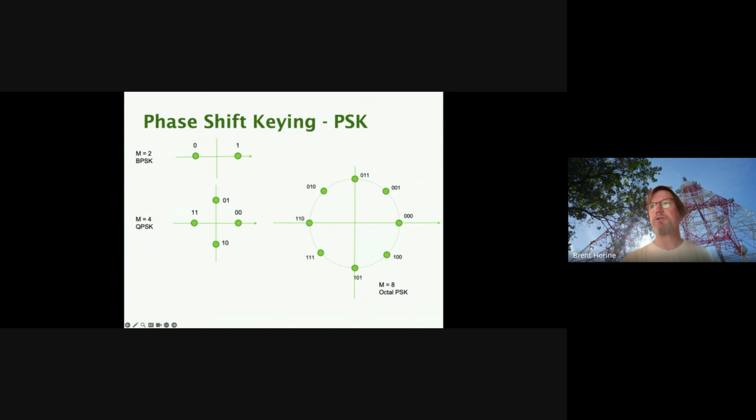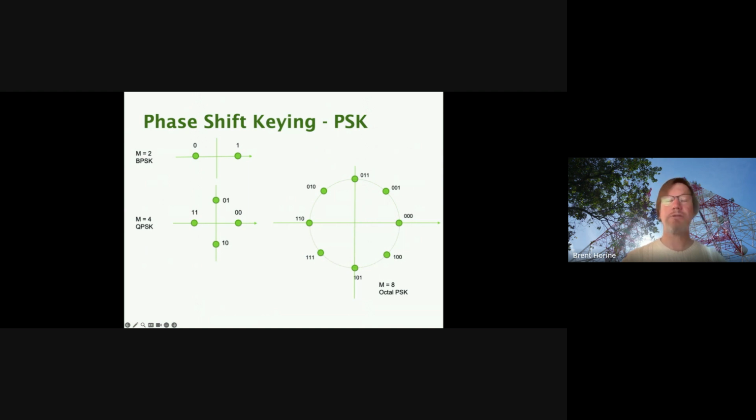So I think I started showing these at the end of the lecture on Tuesday. So here we can assign M equals 2, meaning k is going to be 1. And so we might map a bit of 1 to a 0 phase, and a bit of 0 to pi radians phase, or 180 degrees, right? And so we can observe that that's not really any different at this level from pulse amplitude modulation.